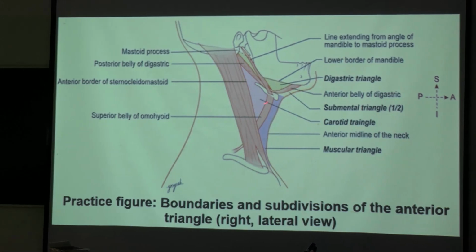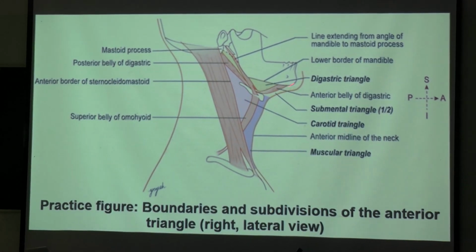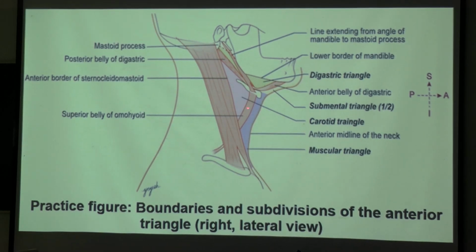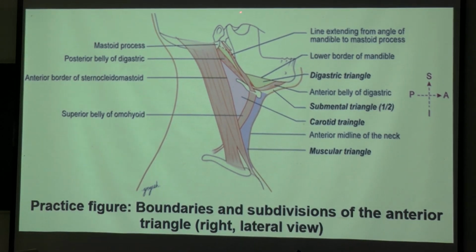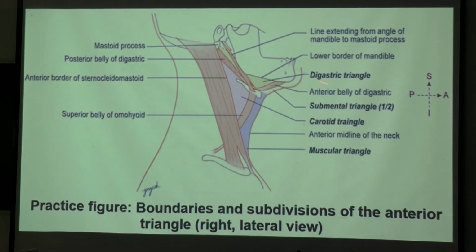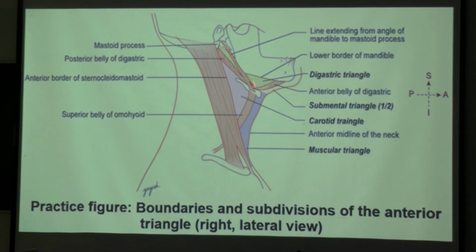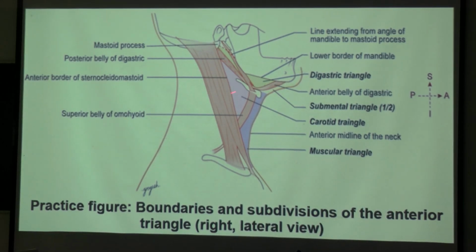Here it is anteroinferiorly bounded by the anterior belly of digastric, posteroinferiorly bounded by the posterior belly of digastric and the stylohyoid muscle. The base of the triangle is formed by the base of the mandible and the line extending from the angle of the mandible to the mastoid process. So this is the digastric triangle.